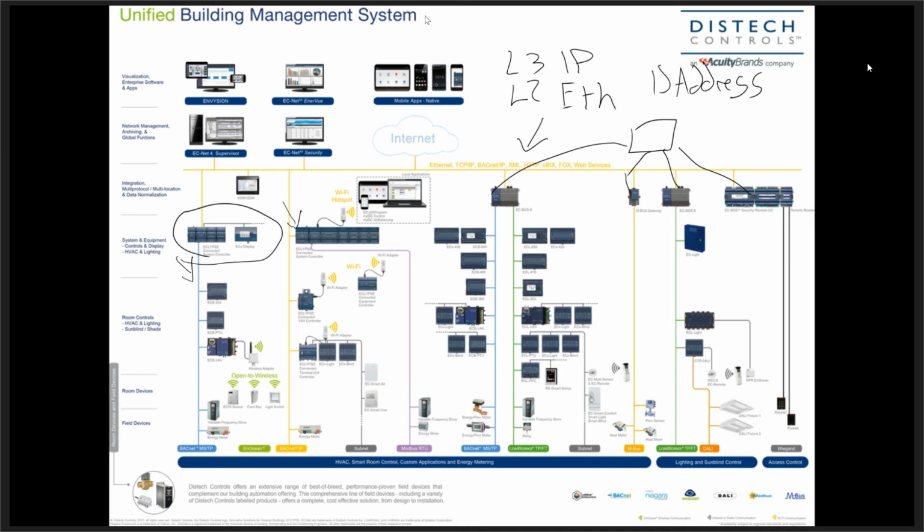So you would have to work with IT to go and create an addressing scheme for these devices. You would also have to go and create a subnetting scheme for these devices with IT. And that would be really important because in order for these devices to be on the network, they need addresses and they need subnets.